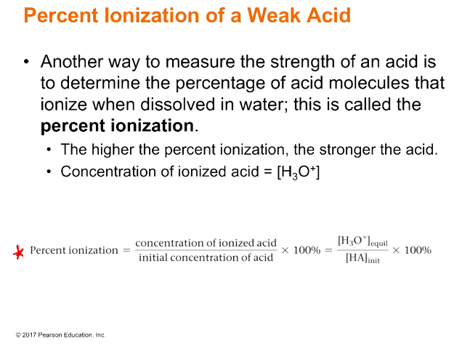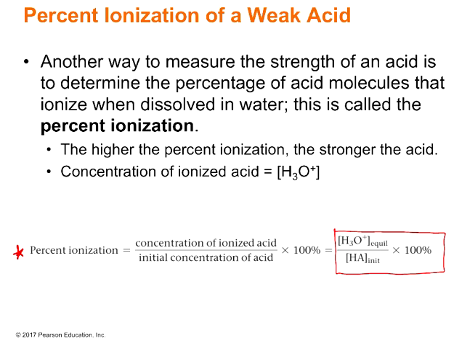Percent ionization is equal to the concentration of ionized acid over the initial concentration of acid, and then we multiply that ratio by 100. And you'll probably notice that this equation looks really familiar.